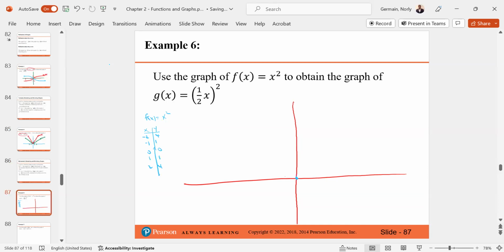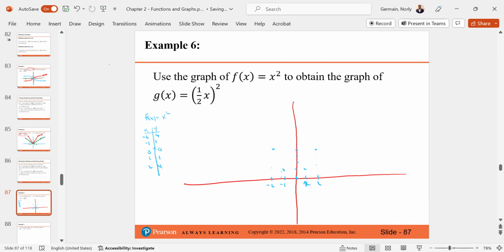So if you graph between -2 and 2, 1 gives us 1, 2 gives us 4. Okay, so we can have it this way as well.